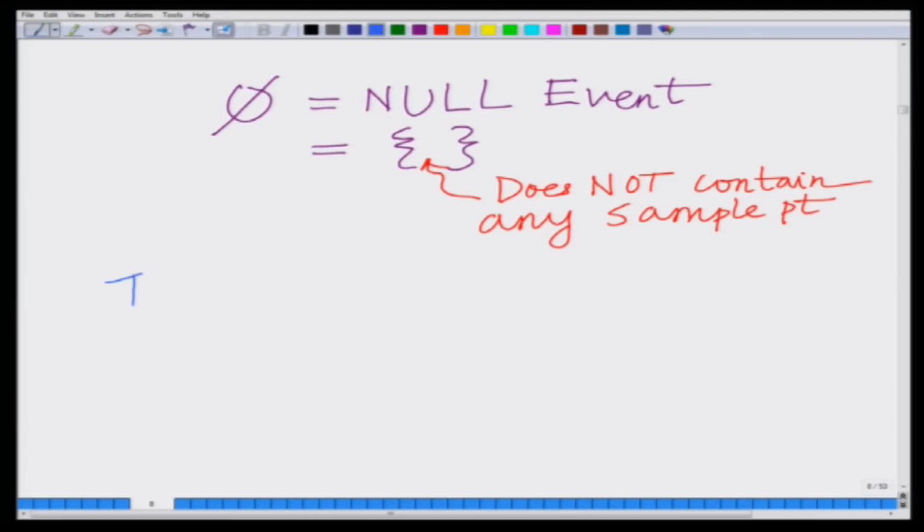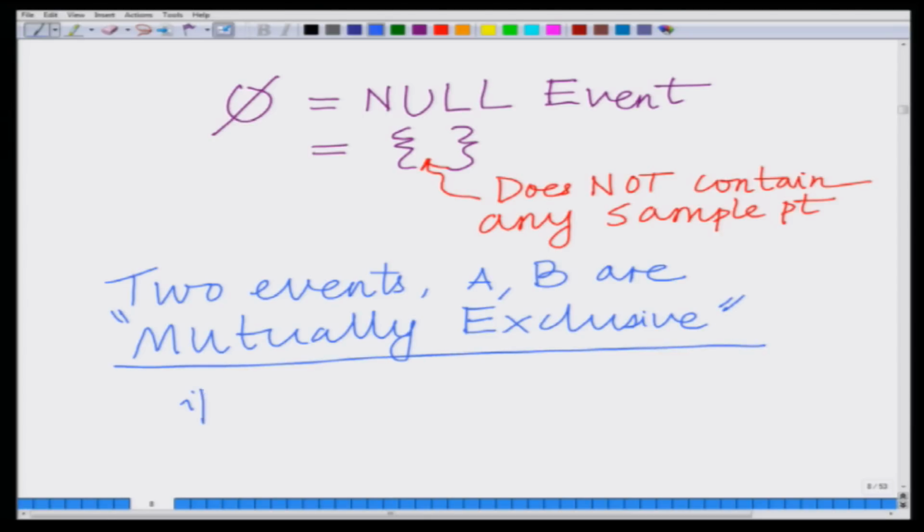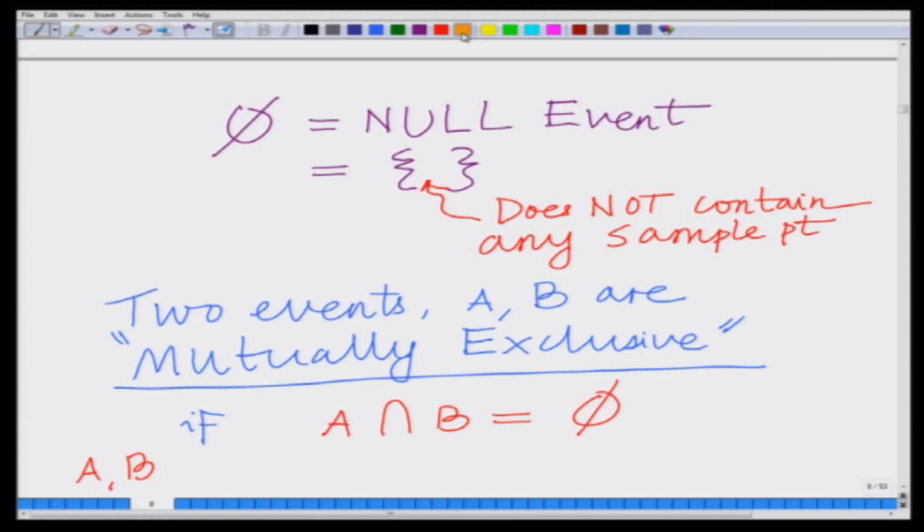So, two events A, B are mutually exclusive if A intersection B equals phi, the empty set, that is to say A, B have no common sample points.